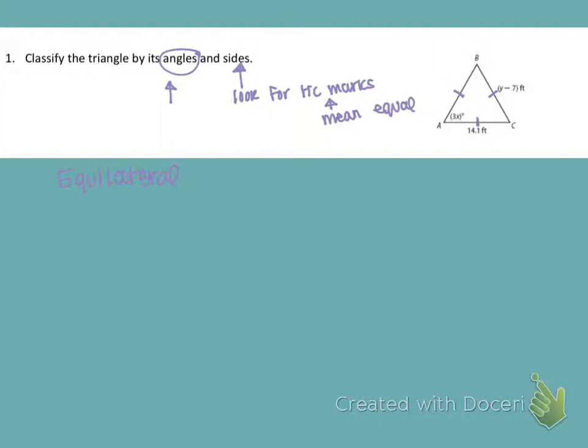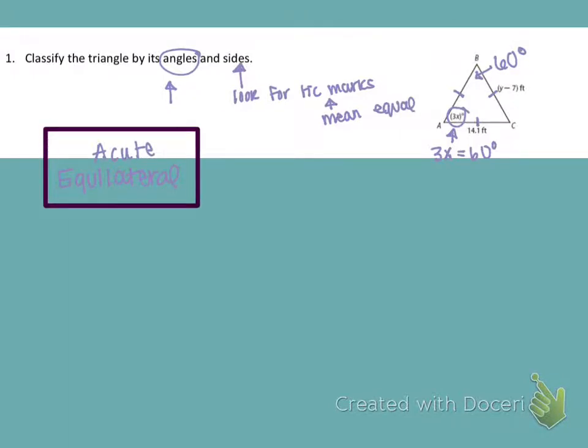More specifically, all 3 angles are 60 degrees. So I know this is super fancy right here, but essentially this 3x is equal to 60 degrees. We don't need to solve that. We just know that in an equilateral triangle, all angles are equal. So this is an acute equilateral triangle.